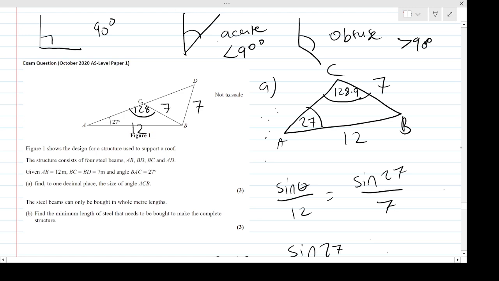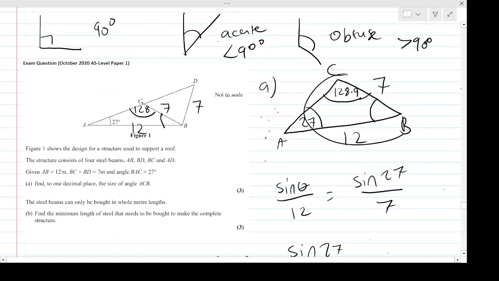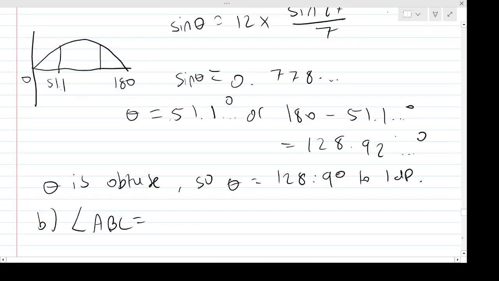Well, I can work out this angle, can't I? Because again, I know the two angles of the triangle, so I know that angle as well. That'd be that angle here. So that'd be angle ABC, and that's going to be 180 take away the other two angles, right? I might get something with that, right? Just the idea is what I'm doing at the moment is to work out what I can do, what I know, right? And then I'll go from there.